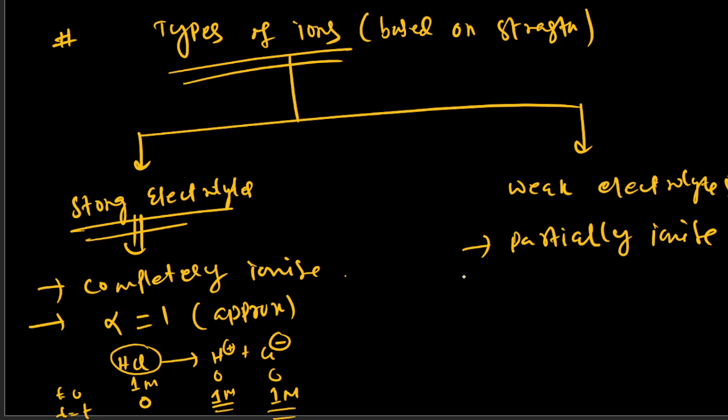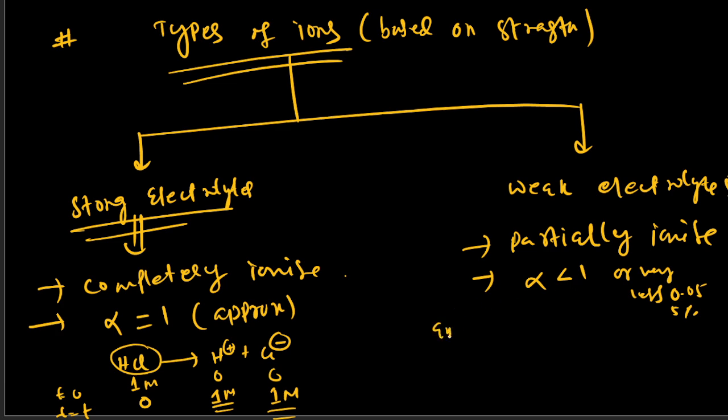Whereas for weak electrolytes, alpha is much less than 1, like 0.05.